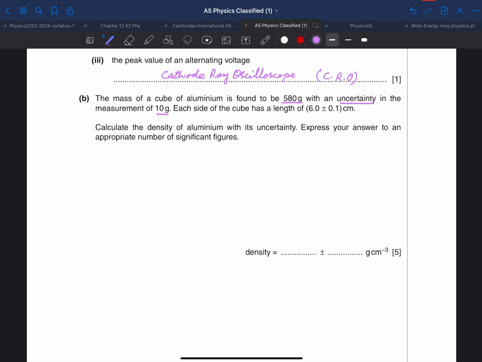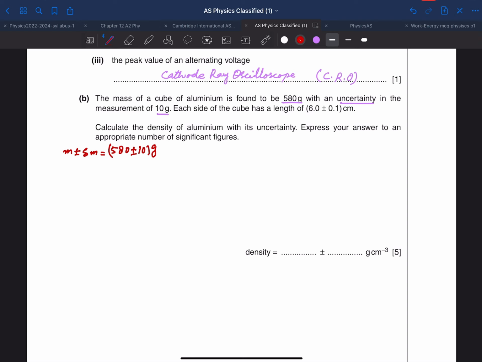And simply we can write first that M plus minus delta M is nothing but 580 plus minus 10 gram. So it's better to write in this way. This will help us to calculate the required parameter.